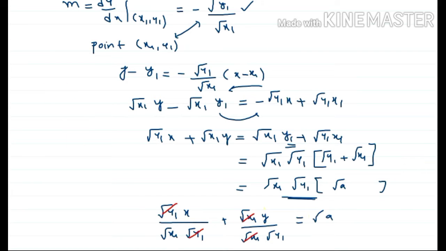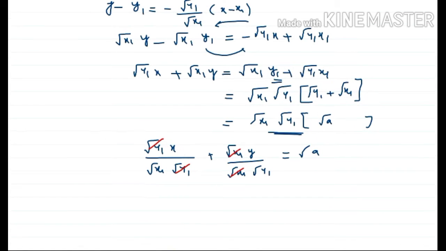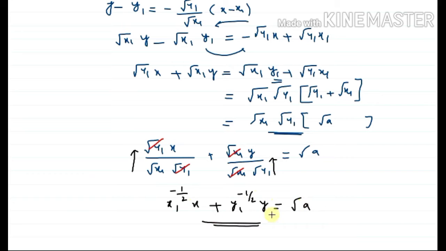So on simplification, the final answer will be: if I take this term to the numerator, that will become x1 to the power of minus 1 by 2 into x, plus if I take this term to the numerator, y1 to the power of minus 1 by 2 into y is equal to root a. This is the required answer.